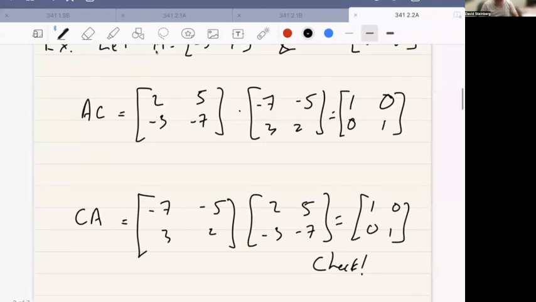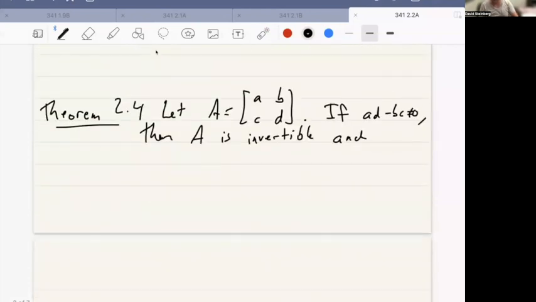Which brings us to this next little theorem. At least in the 2x2 case, there's a really quick way of checking if a matrix is invertible. So if our matrix A is the matrix with rows A, B and C, D, as long as this number AD minus BC is non-zero, then somehow, we'll look at the details later, A is invertible, and better, we have a formula for what the inverse has to be.